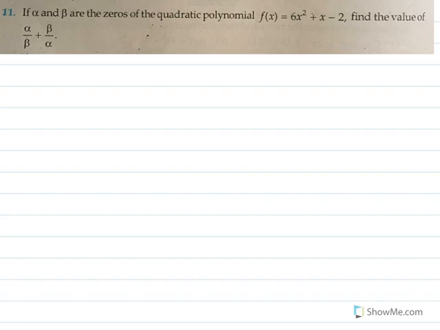If alpha beta are the zeros of the quadratic, find the value of alpha over beta and beta over alpha. Now before we do the sum, we need to learn some formulae. We know alpha plus beta the whole square equals alpha square plus beta square plus 2 alpha beta.